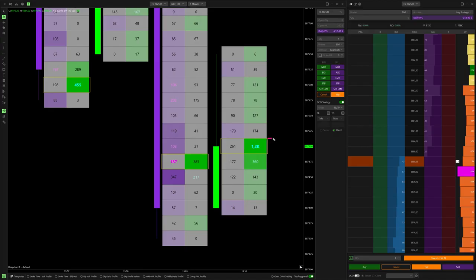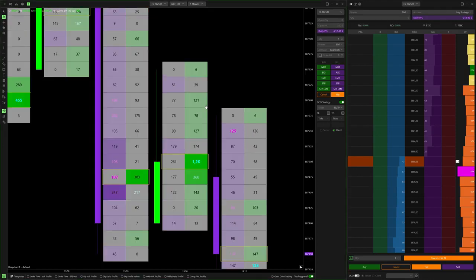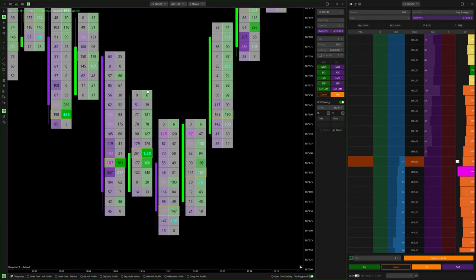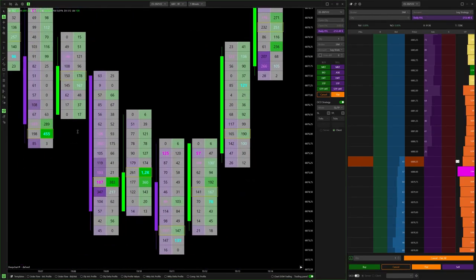And this instead, this yellow box that I can see here, is the point of control. So the POC of the candle, which is the point in the candle where the highest amount of volume was executed. Okay? And these are all really crucial data points, in my opinion, to formulate a hypothesis of what's going on in the market, on who's dominating in the markets.